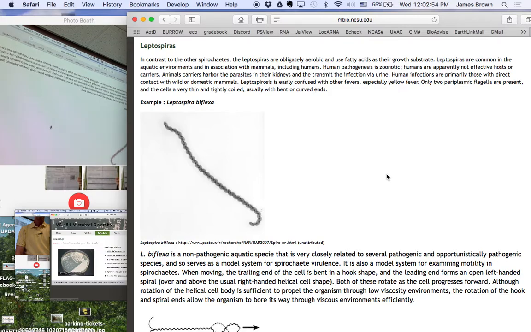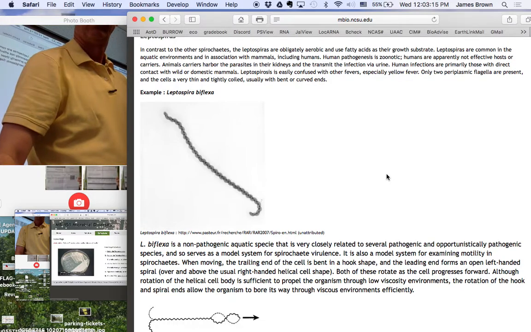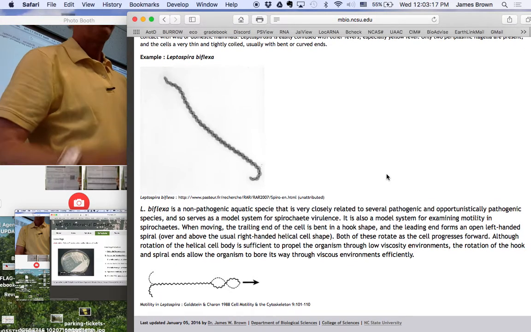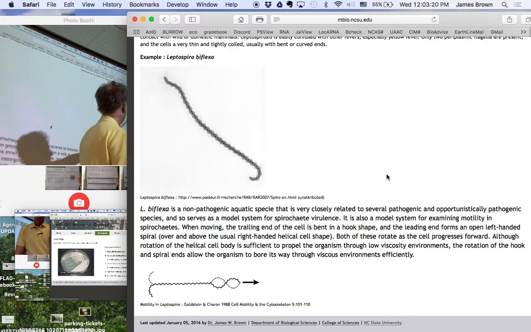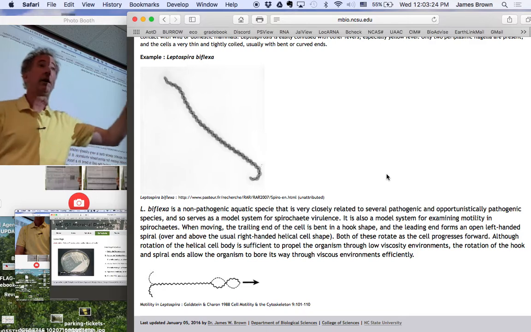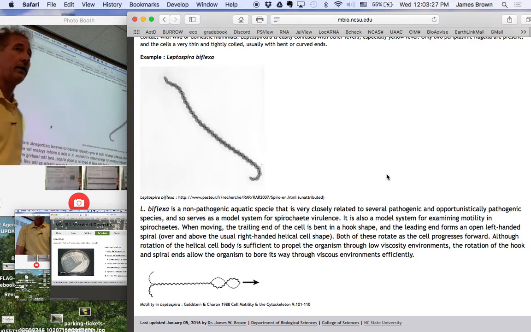And so rotation of the primary helix, and assuming that this hook is unable to rotate because of the viscous environment, means that this open end here corkscrews its way through tough environments. And in mutants of leptospira that lack that structure, they're still motile in low viscosity environments, but they're not motile in tough ones.